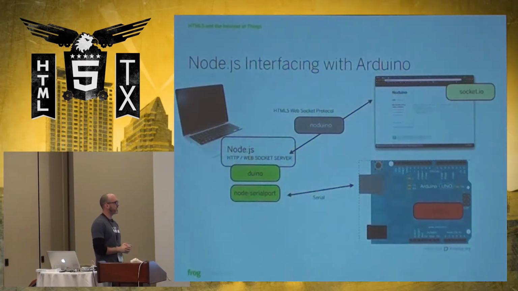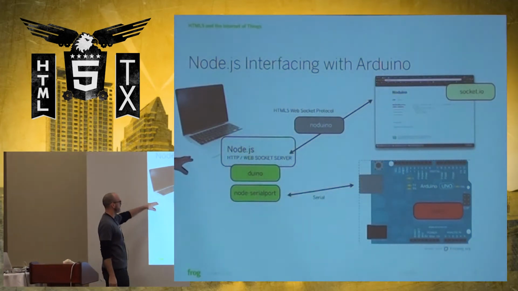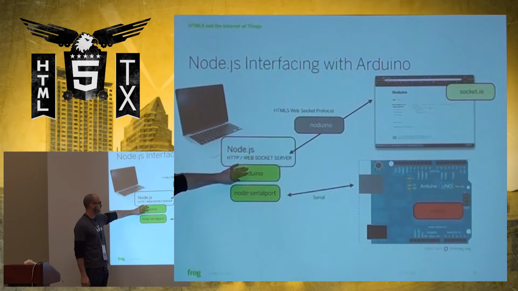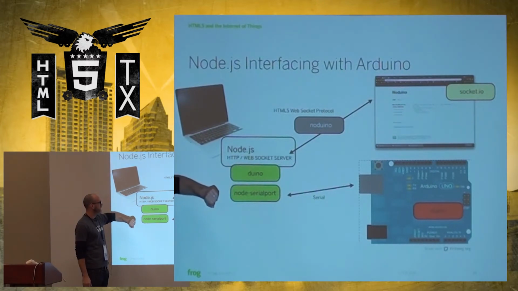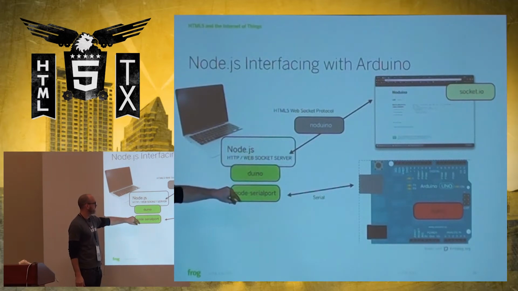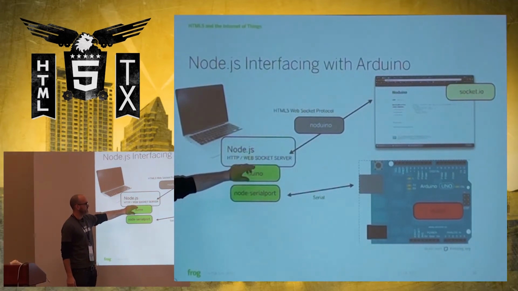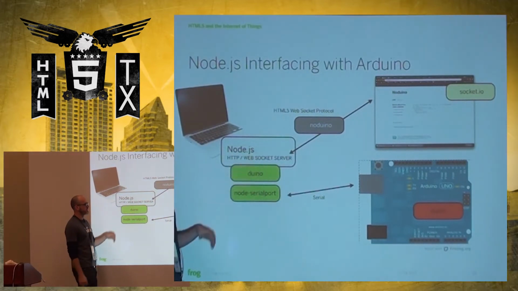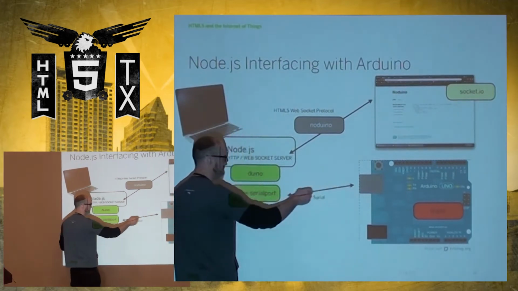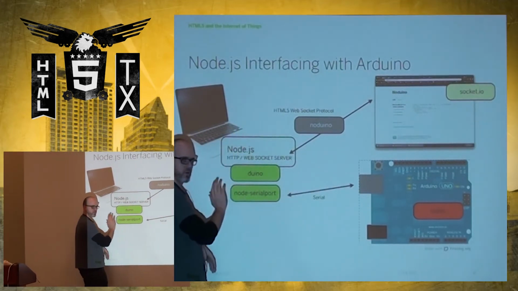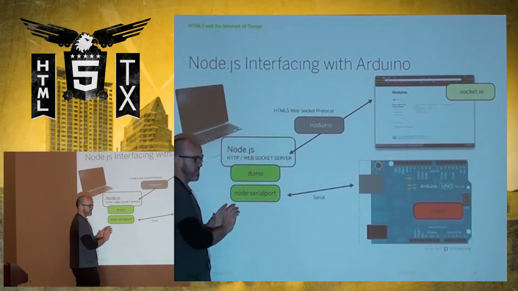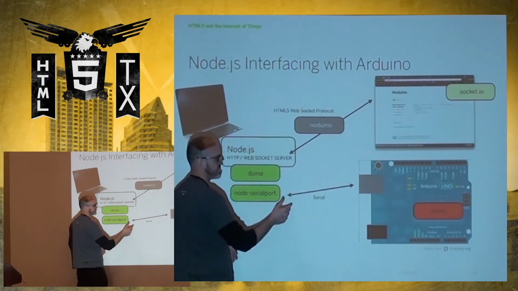Here's a little diagram of how it works. So I'm running Node on my local machine. I've got a library called Duino, which is an API wrapper for communicating, or writing in JavaScript what you would write in C++ here. There's Node serial port, which is what made all this possible, and I'll show you that here in a second.